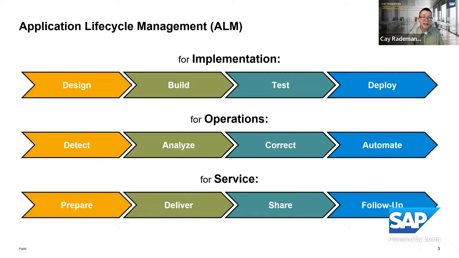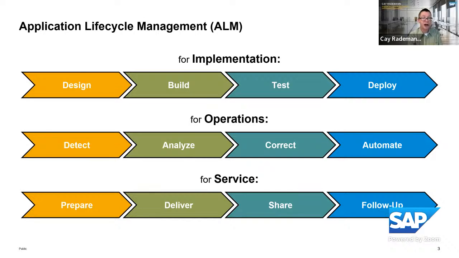You have to design how your business processes shall run on the applications. Then you have to configure or build the settings. You have to test if everything is fine, and you have to deploy the solution on the production area at the end.